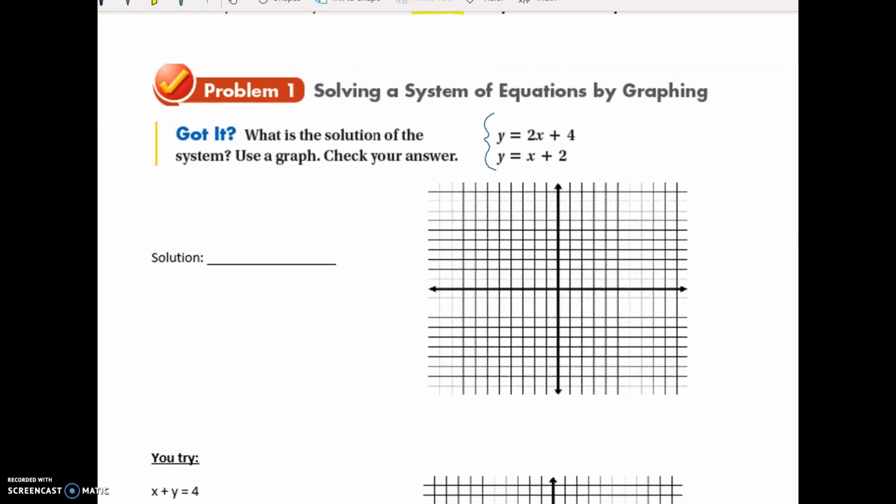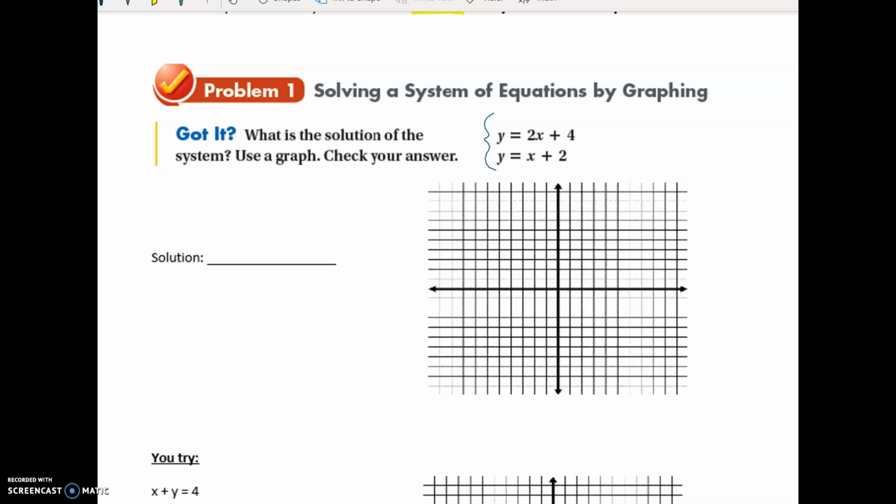Now, in this first problem, we want to know what's the solution and we want to solve it by graphing. I do like to practice this by hand, although it also comes in pretty handy if you have a graphing calculator. Unfortunately, with us going remote, we probably won't be able to do a lot of work with graphing calculators, but when we get back in person, that's something that I will plan on adding into the curriculum.